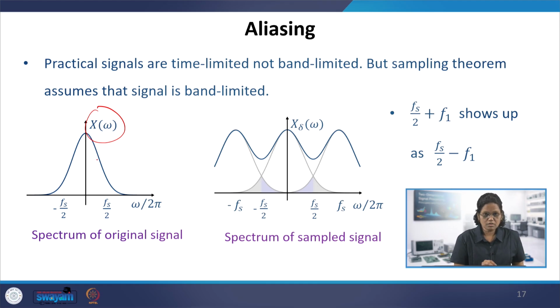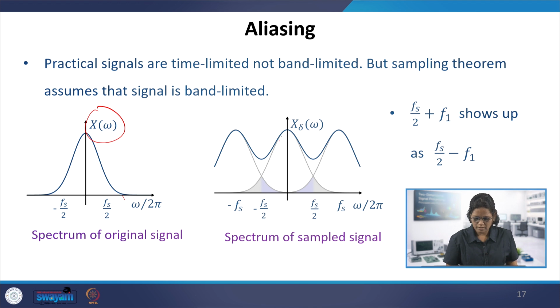If you sample this signal, this baseband is going to repeat, because the impulse is multiplied in the time domain and you get the convolution process. You get the repetition of this baseband due to sampling.